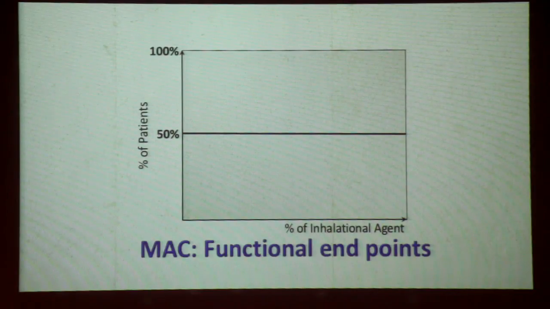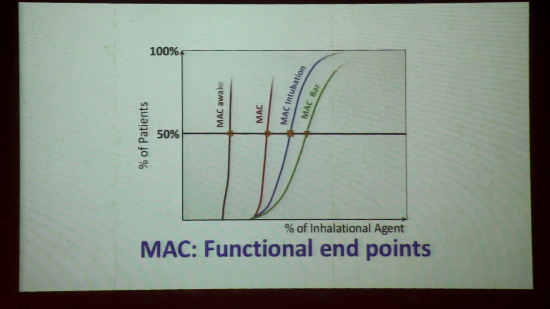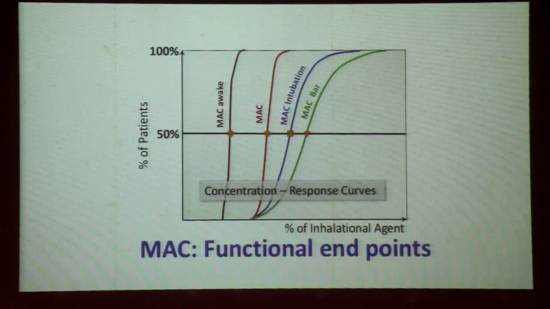Now what are the functional endpoints of MAC? You have seen different bars which are given in the books. One is MAC awake, the other is MAC, and the last one is MAC bar. So let's come to them one by one. These are concentration response curves. On the x-axis is the percentage of inhalational agent.